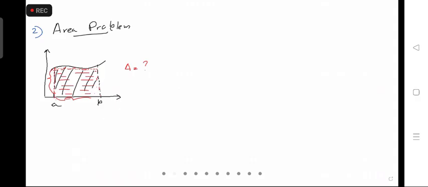No, right? We cannot find the area on this part that I'm highlighting.